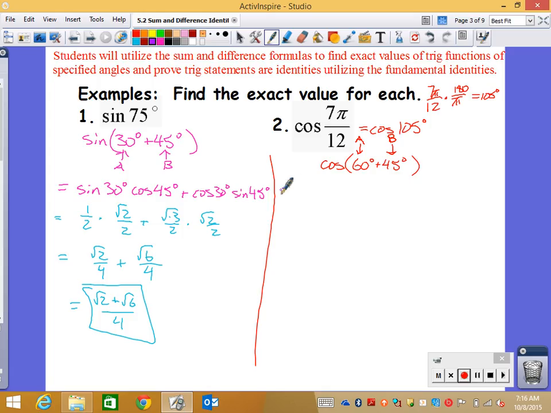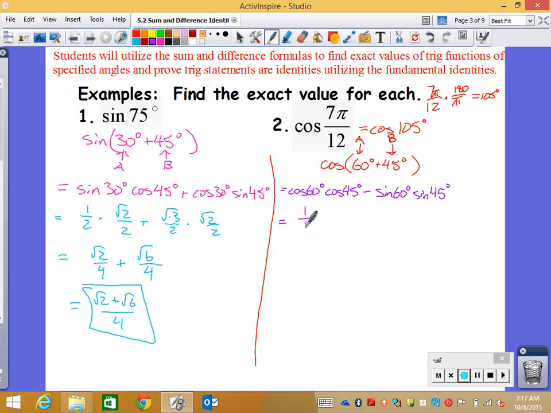Okay, let's break it apart. Cosine A, or cosine 60, cosine 45, that's my B angle, minus. With cosine they're opposite, so if it's an addition, we subtract them. If it's a subtraction, we add them. Sine 60 degrees, sine 45. So I'm literally just plugging my angles into my identity. Now I know each of these 4.